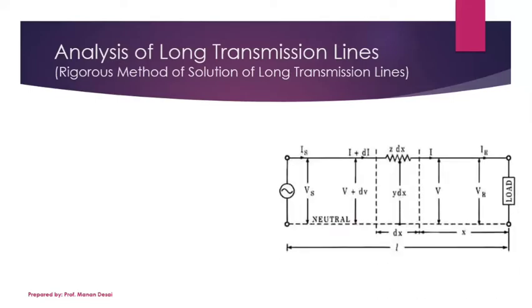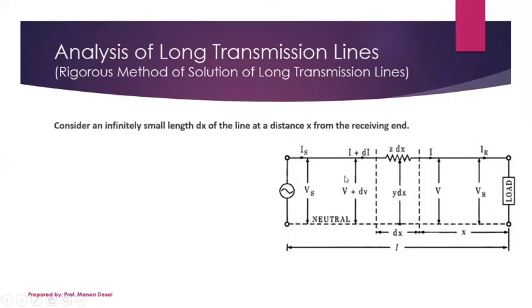Students, here you can see the figure, the source and the load. These are uniformly distributed parameters, so we have put them here in a unique form. This is the Z impedance, and here the formation of admittance. dx is the part which we can calculate.